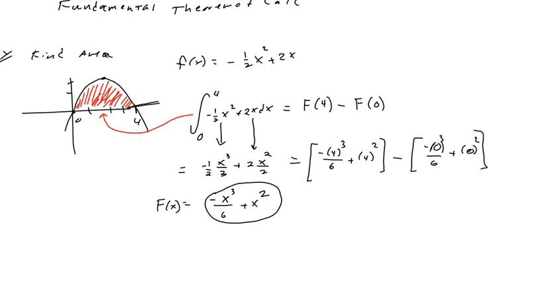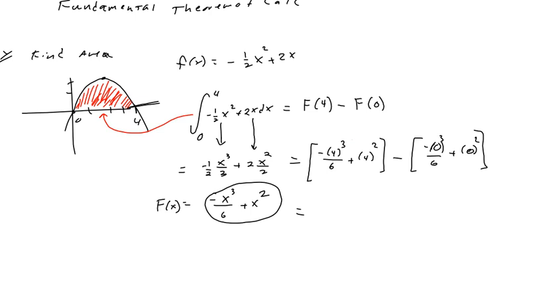Let's see what I got there. I took my antiderivative equation, I plugged in my 4, F of b minus F of a. Plug in the 4, get my numbers. Plug in the 0, get my numbers.